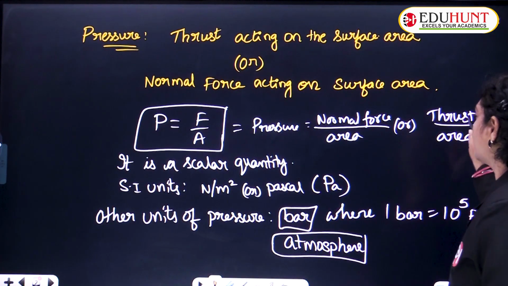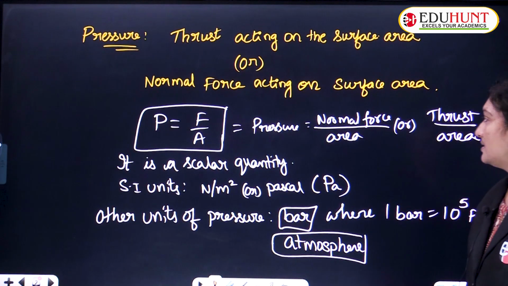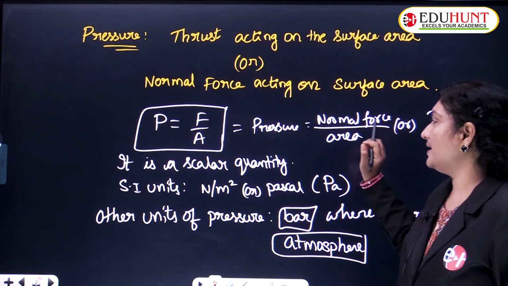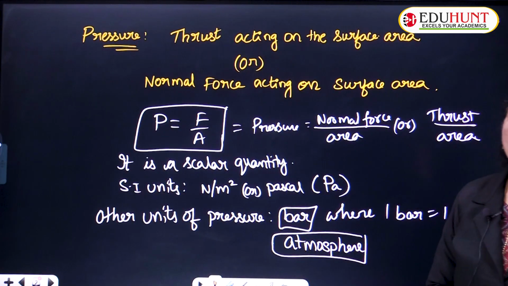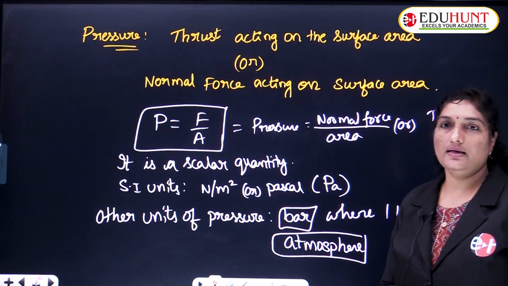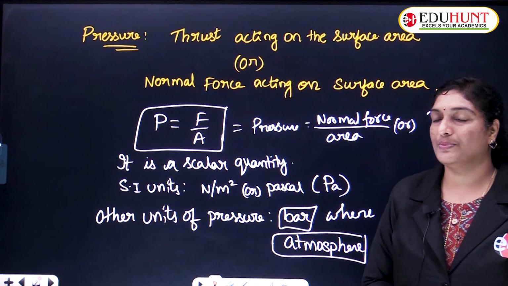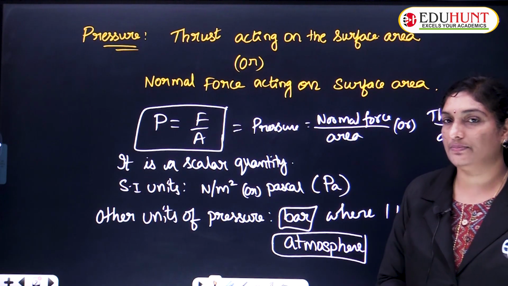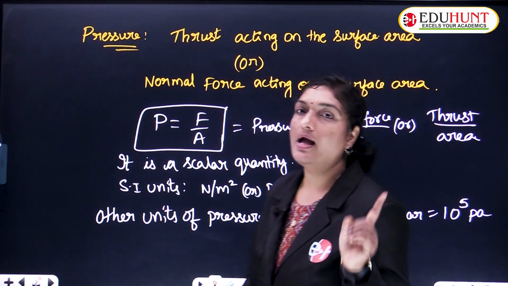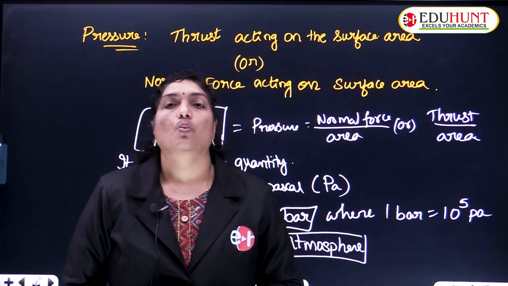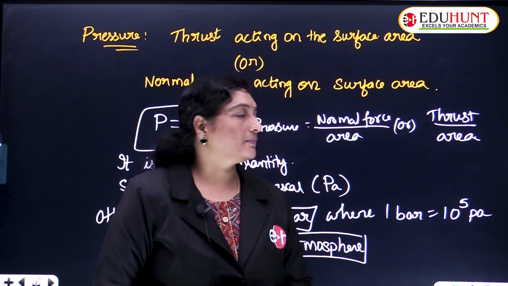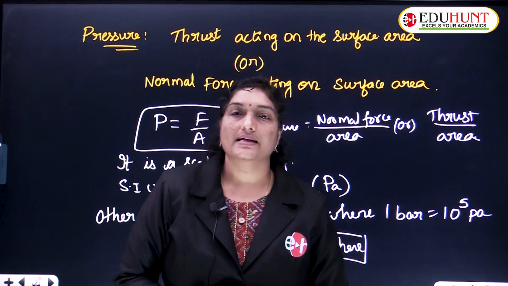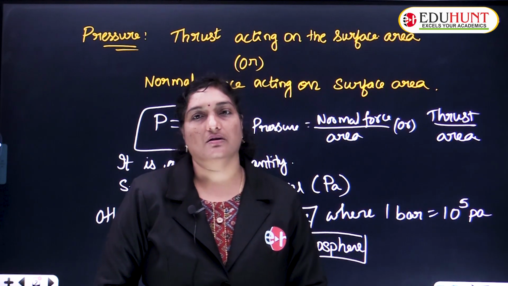When thrust and area are given, pressure equals thrust upon area. When force and area are given, pressure equals force upon area. Remember, pressure is a scalar quantity, but thrust is a type of force and is considered a vector quantity.